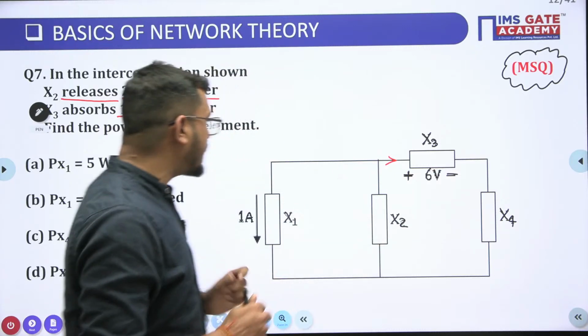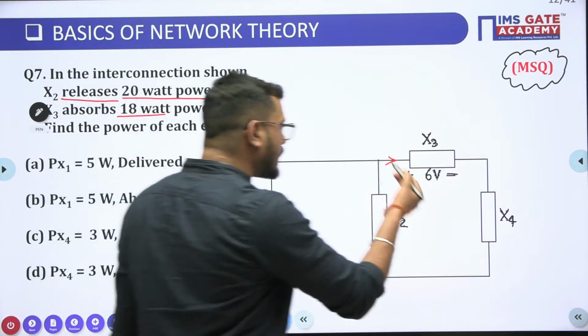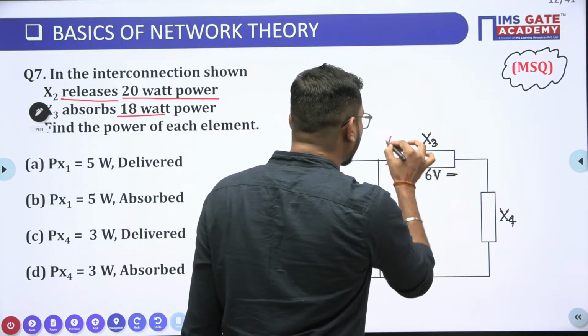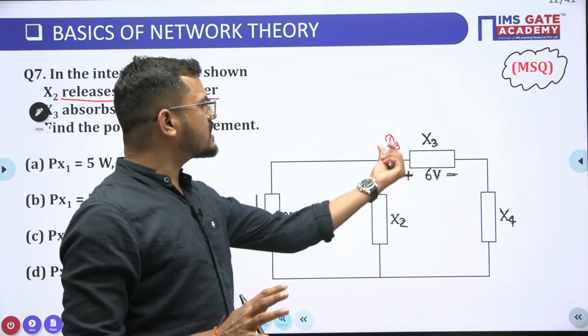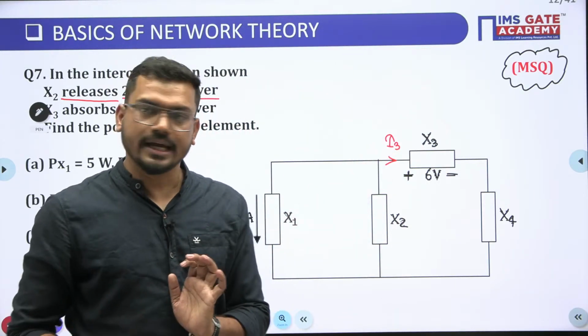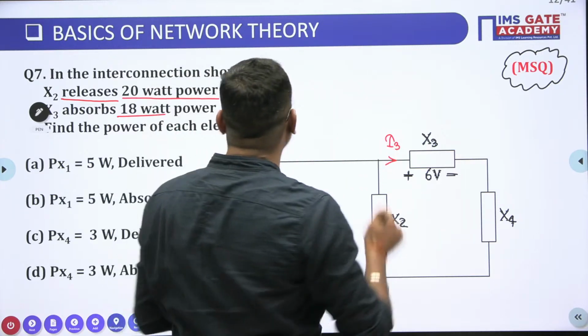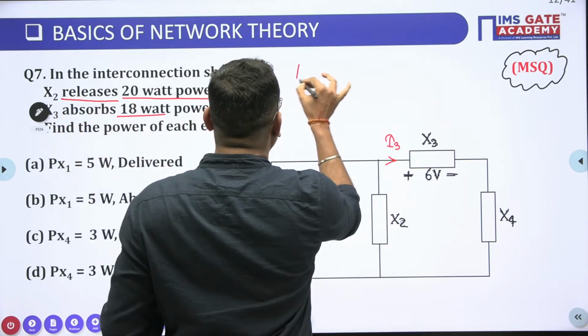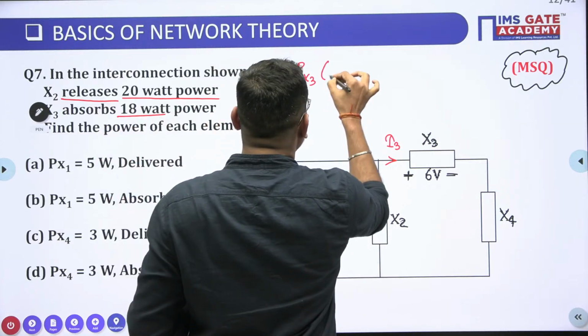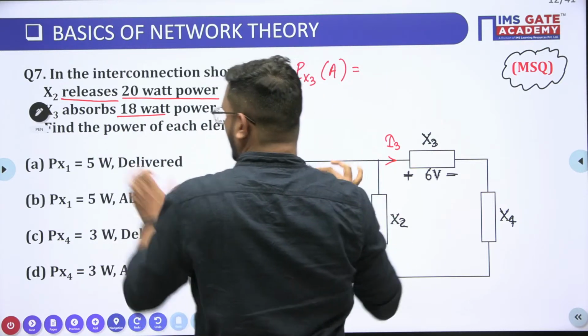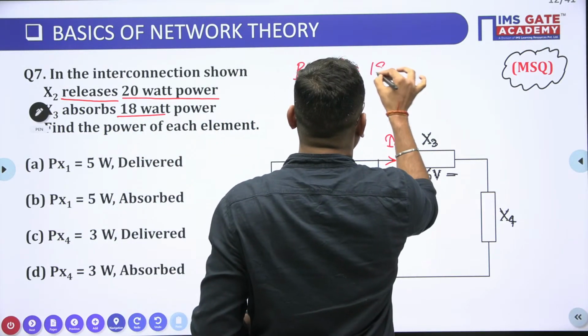Let us suppose the current through the X3 terminal is I3, guys. I am just assuming this current is I3. It is given that the power through X3 is absorbing power, and it is 18 watt.